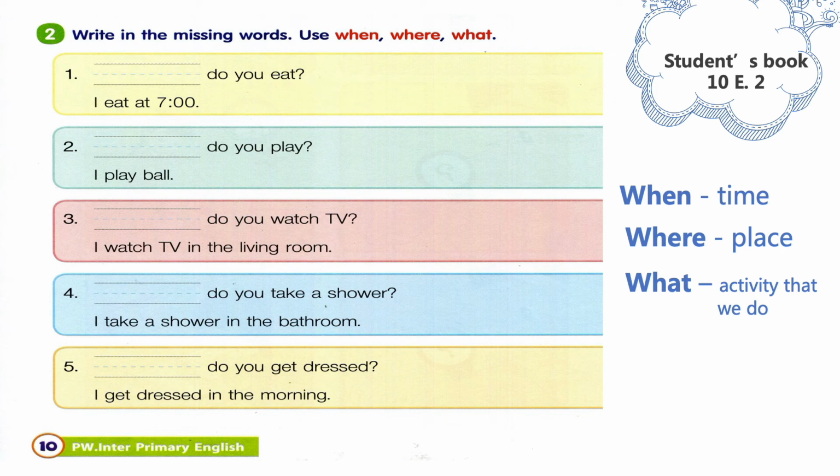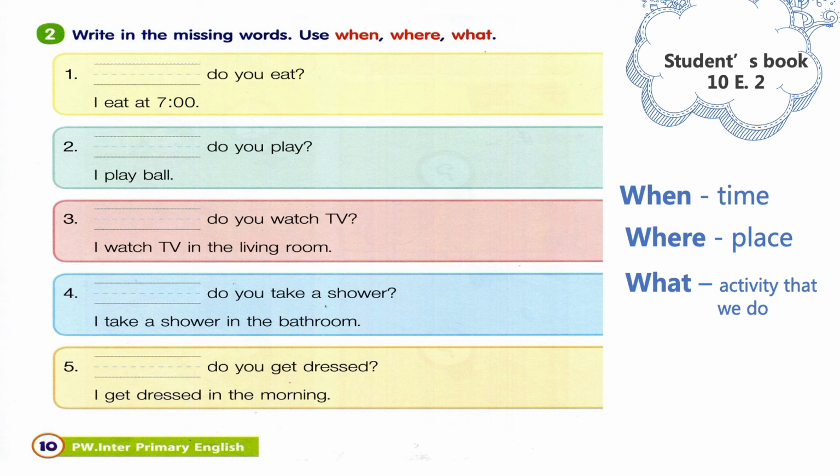Okay, when. We use when for time. For example, when do you wake up? The response there is I wake up at 7 o'clock. So it talks about time. 7 o'clock is the time. Next, where. Where talks about place. For example, where do you sleep?